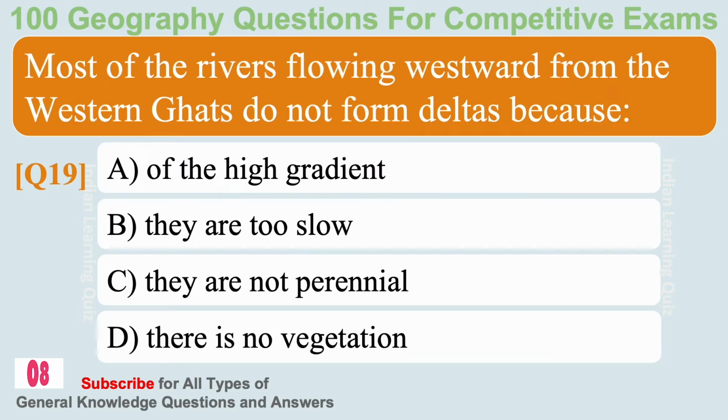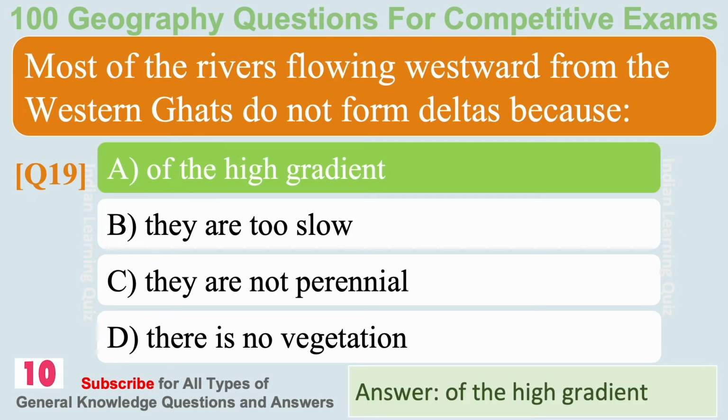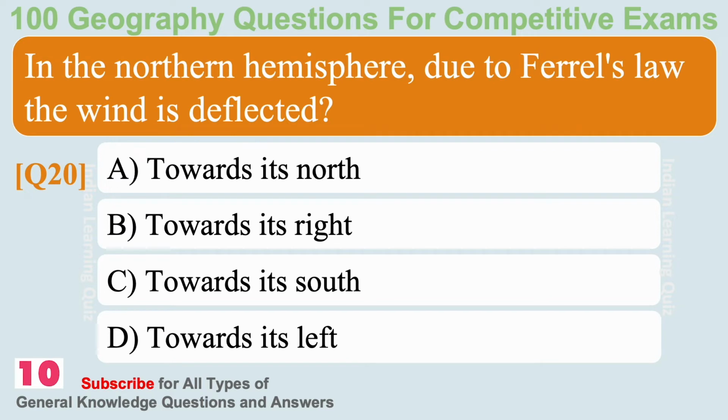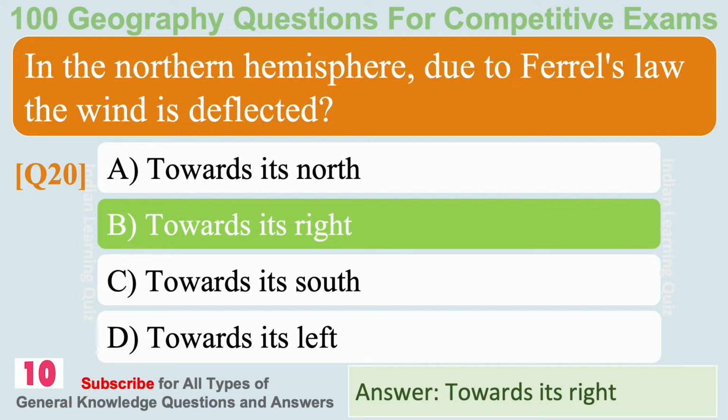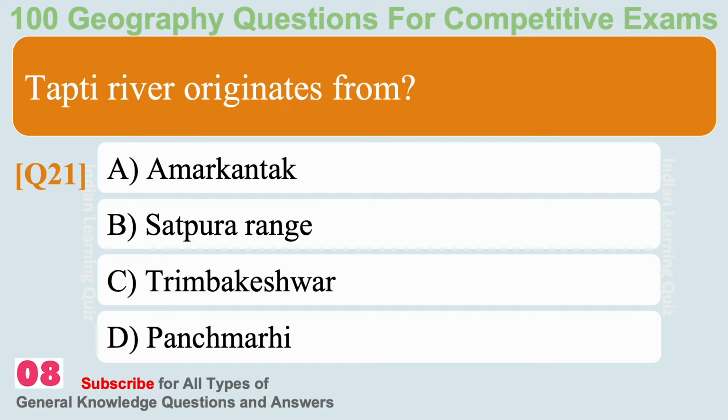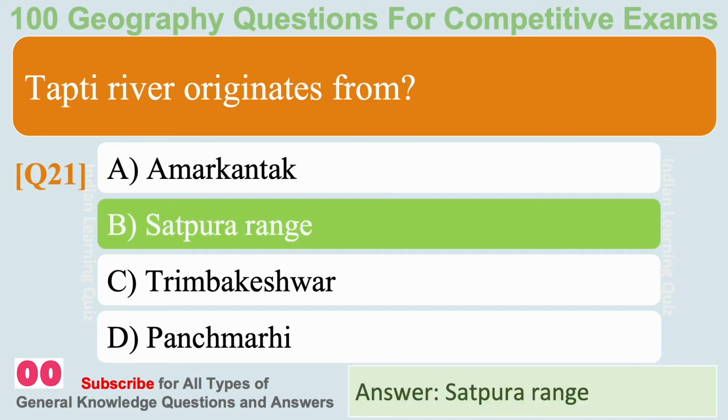Most of the rivers flowing westward from the Western Ghats do not form deltas because... Answer. Of the high gradient. In the northern hemisphere, due to Ferrel's law, the wind is deflected... Answer. Towards its right. Tapti River originates from... Answer.